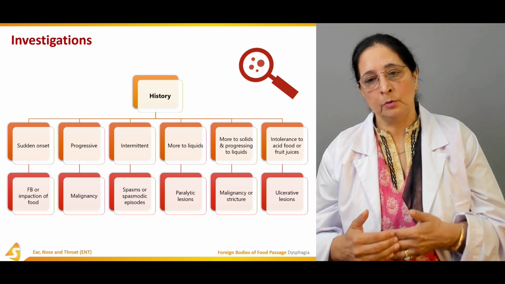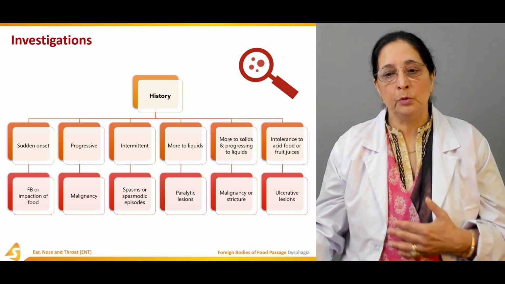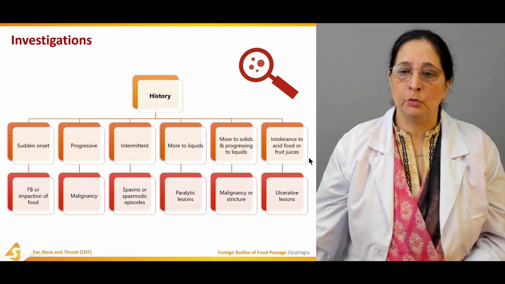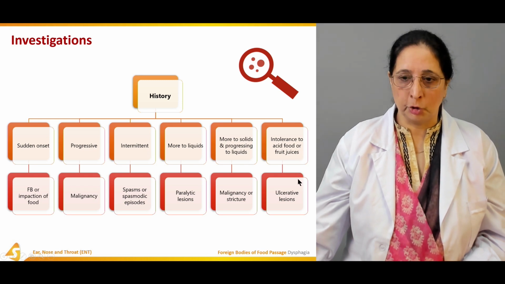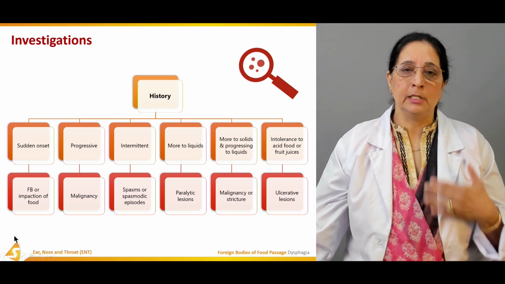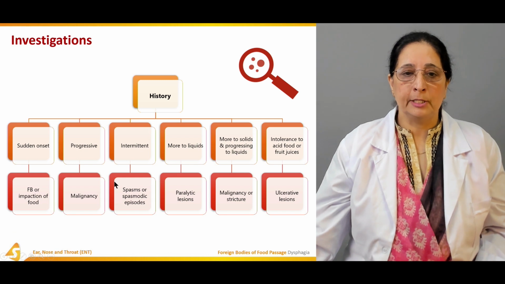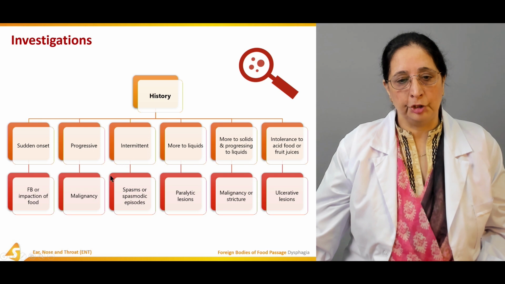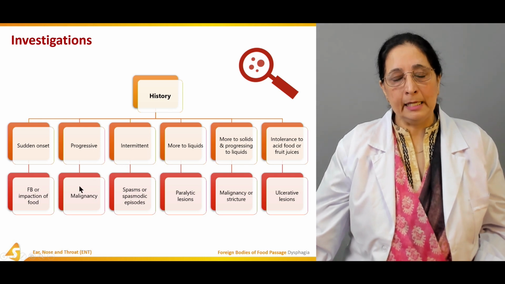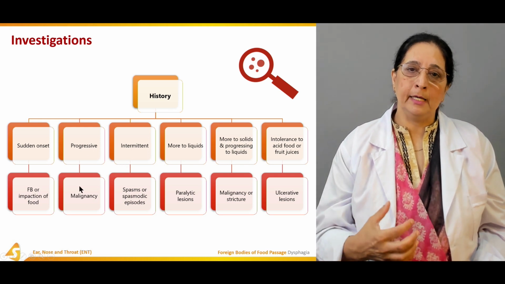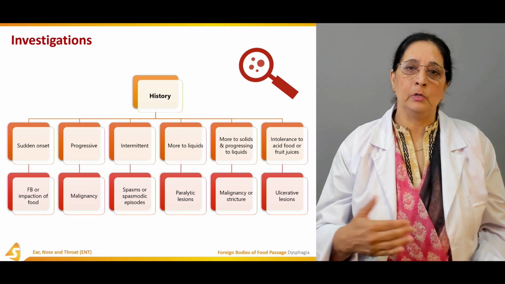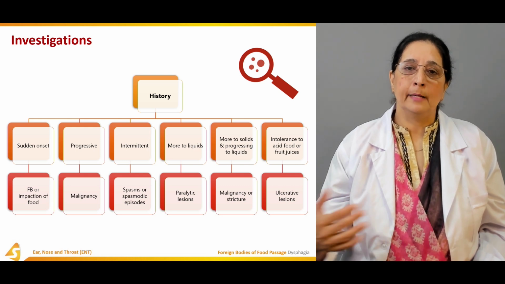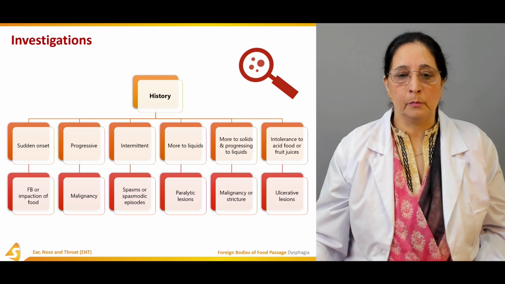First it was to solids, then slowly to liquids, or it can be to acid food and fruit juices. So different conditions of the esophagus can lead to different types of dysphagia. Progressive is mainly malignancy. When it's in the beginning, usually it doesn't affect. Slowly as it progresses and becomes bigger, it can cause more obstruction.